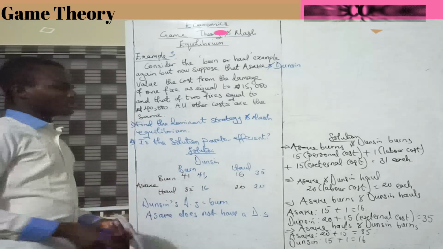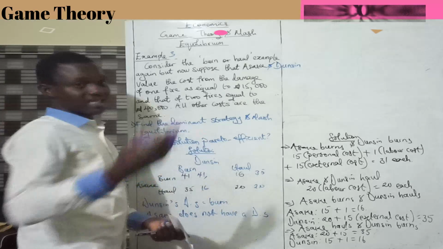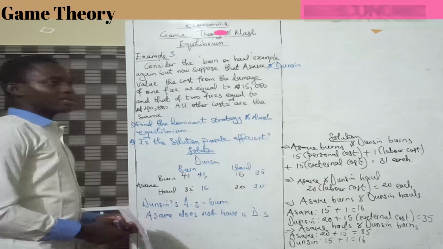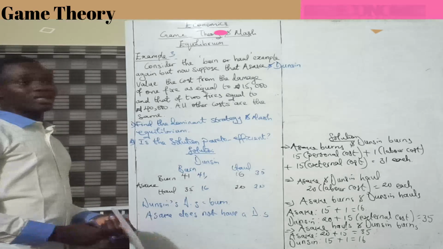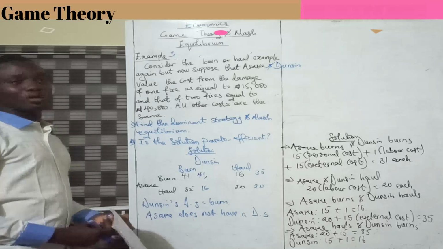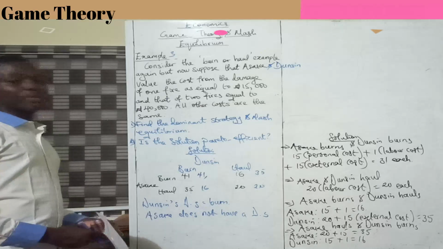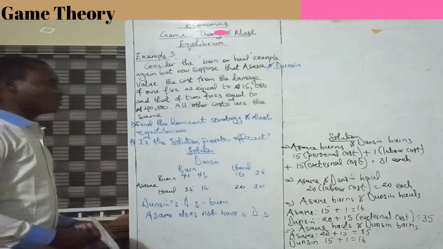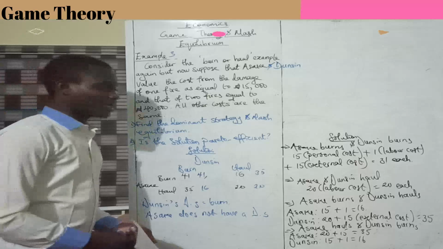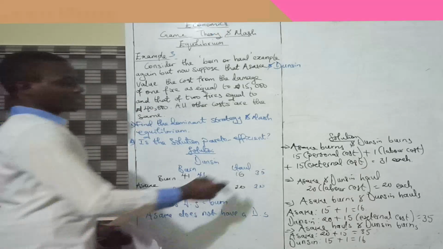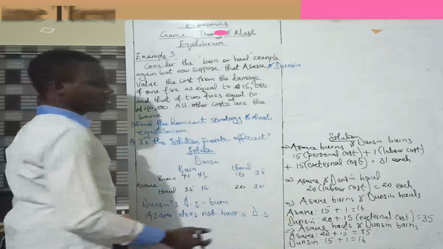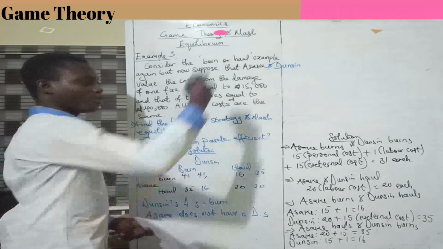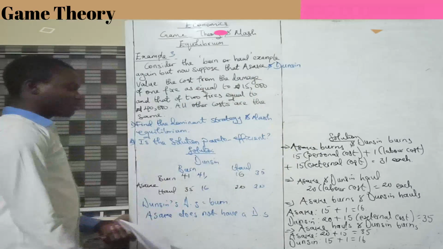The question says all of those costs are the same, but the external cost, the negative externality, the one that emanates from taking care of your health due to the smoke from the burning activity that the other person is engaging in, has increased to 25. So 15 plus 25 gives us 40. Then 40 plus 1 labor cost now gives us 41.